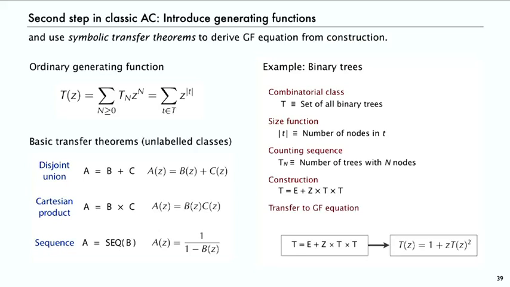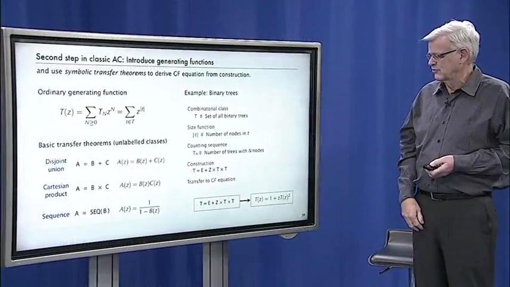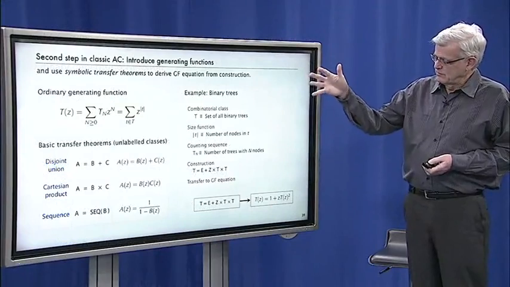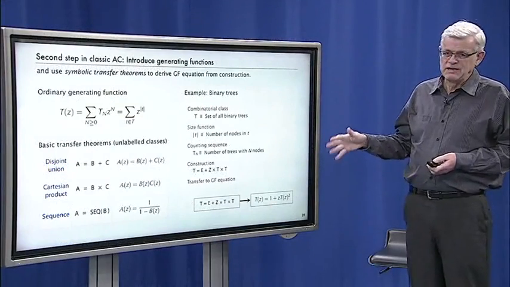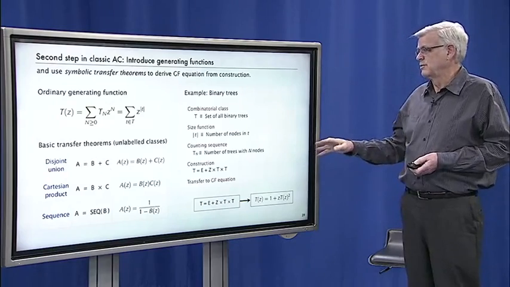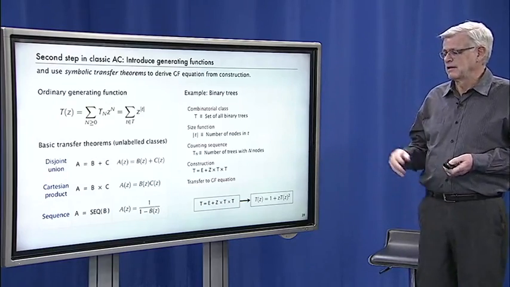The empty class generating function is 1. Z, the generating function for a class consisting of a single node, is just z. And then there's t(z) twice, so it's z times t(z) squared. So that's a fully rigorous mathematical transfer from a construction to a GF equation.